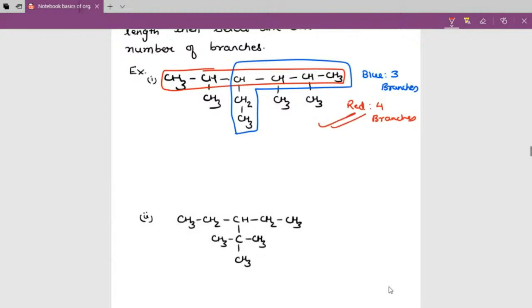That is what it means: if you come across two possibilities of the parent chain with the same carbon count, you select the one which has more number of branches. Just in case, if the number of branches are also the same, then you select the one which has less branched, less complicated branches. That is your second choice.